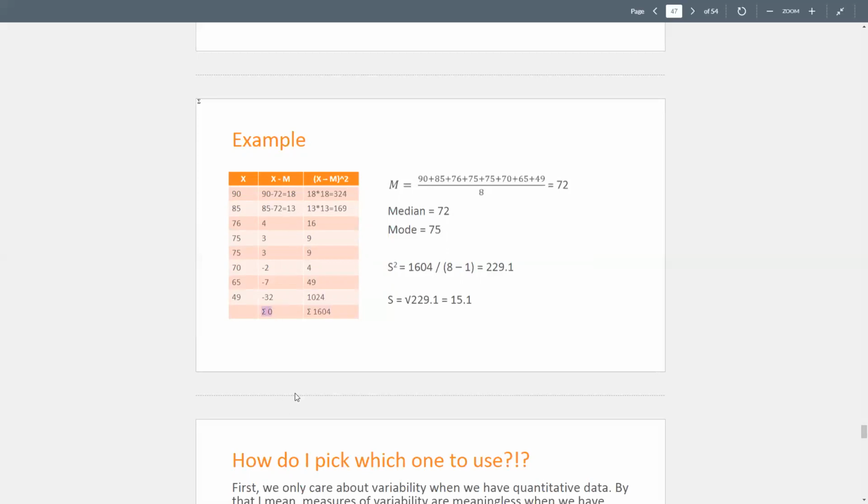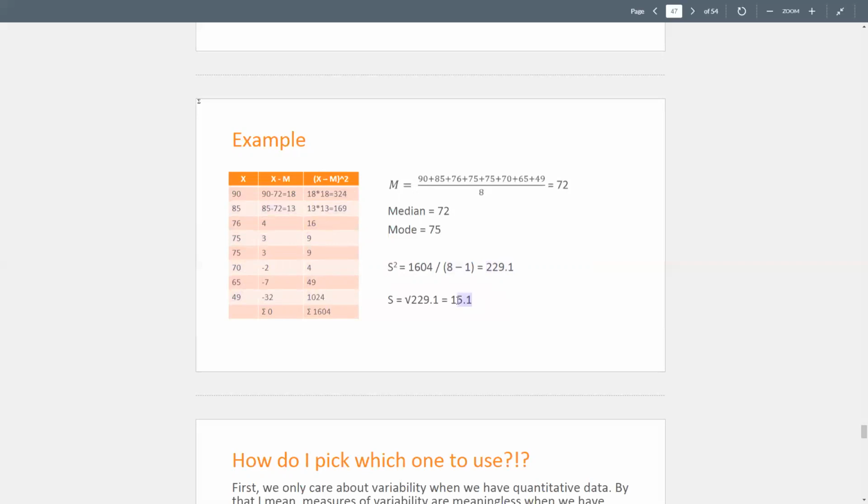That's not helpful, so that's why we would square them. Then we add up each of these squared deviations. That's why it's called sum of squares. We would take all those, divide by the total number minus 1. And so the variance of this sample would be 229.1.